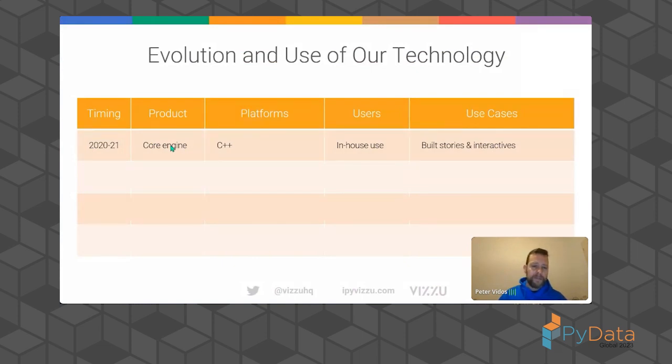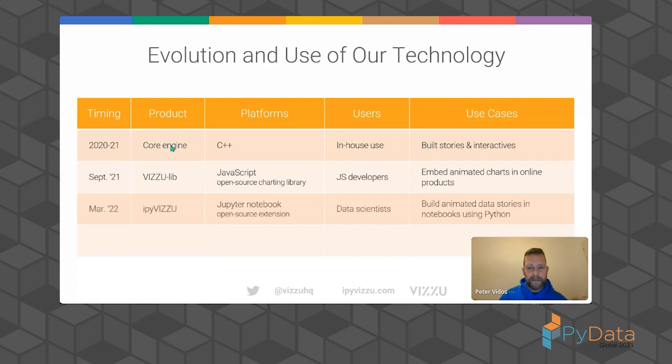So our technology is built on a C++ core engine that we used in-house, and then we released our first open source tool, a JavaScript charting library, back in 2021. And the first tools for Python programmers and data scientists came out in March 2022, which we added an extension to back in July 2022, via which people can create these animated data stories that you can build, present, and share from computational notebooks such as Jupyter Notebook and others.